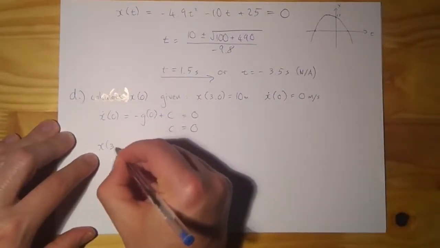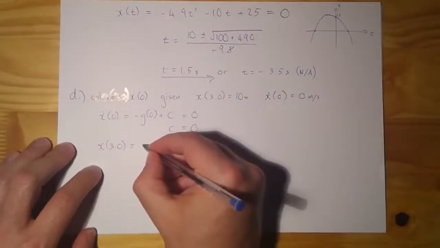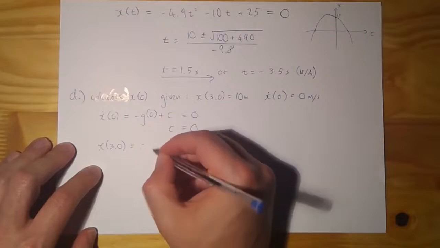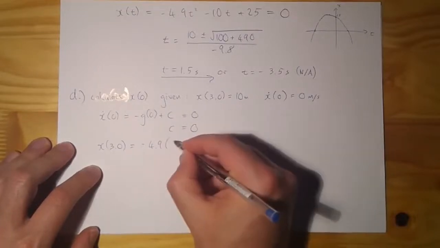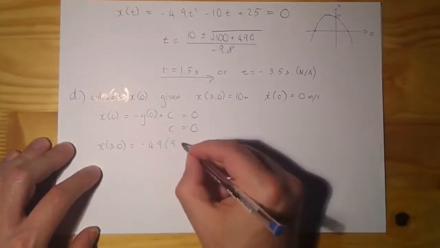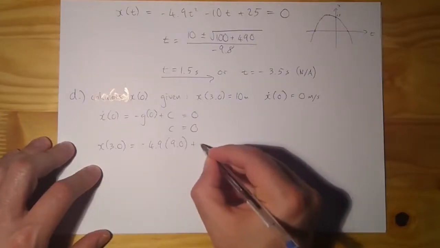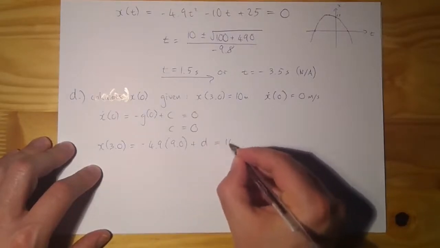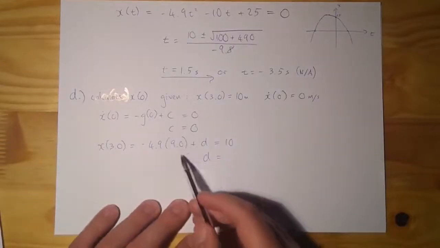So x of 3.0 is equal to minus 4.9 times, well, let's just calculate 9, technically 9.0, plus d, and this should be equal to 10. So d is going to be 10 plus that.